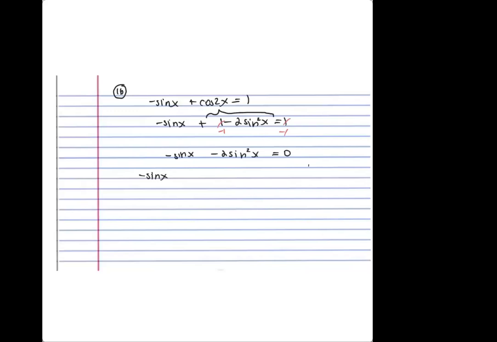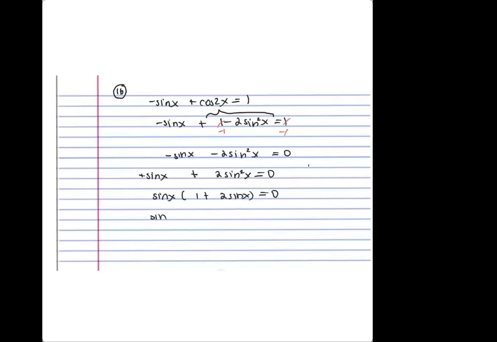Or if I want, I can multiply both sides by -1 and make them positive. Let's do that. So I'm going to get sine x plus 2 sine squared x equal to 0. And then I'm going to factor out a sine x, and then I'll get 1 plus 2 sine x equal to 0.